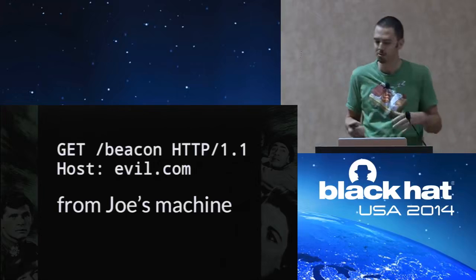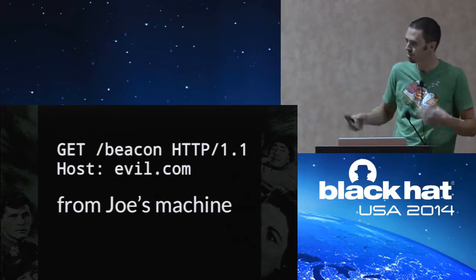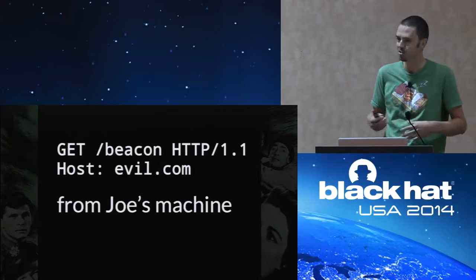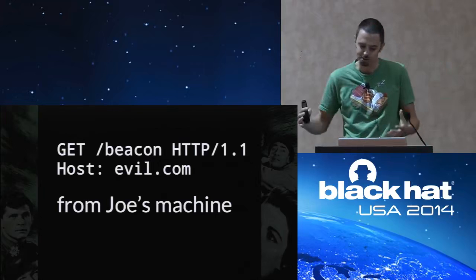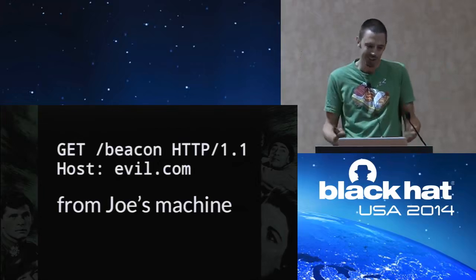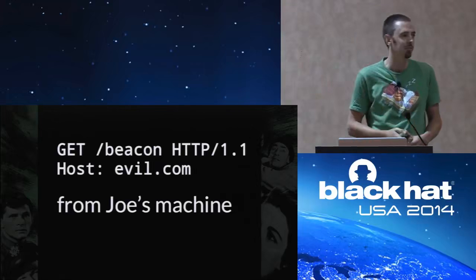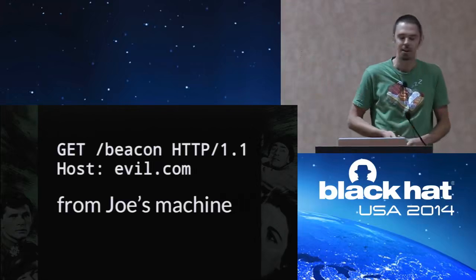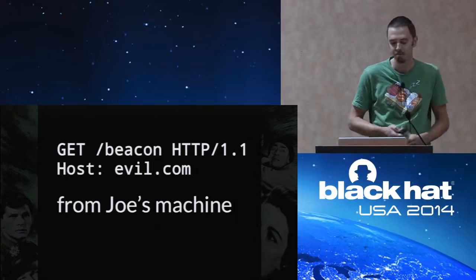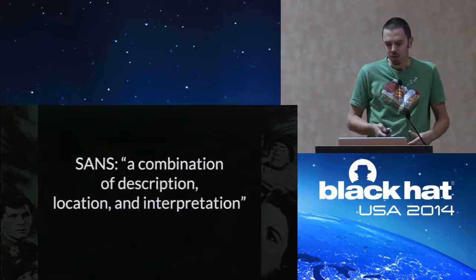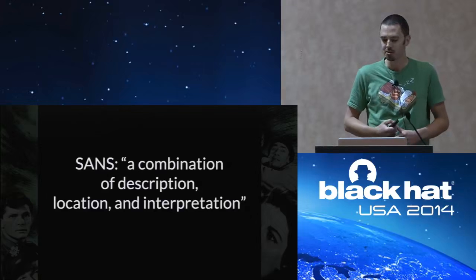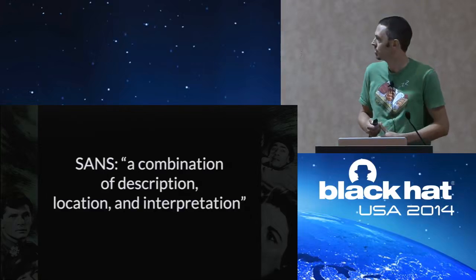All these little bits of information, you can imagine digging through the dirt of this machine as an archaeologist and finding this priceless pottery that is the artifact that tells you how this machine was compromised or how the malware is doing its persistence. SANS will tell you a forensic artifact is a combination of description, location, and interpretation.